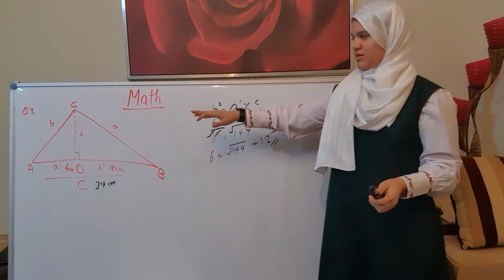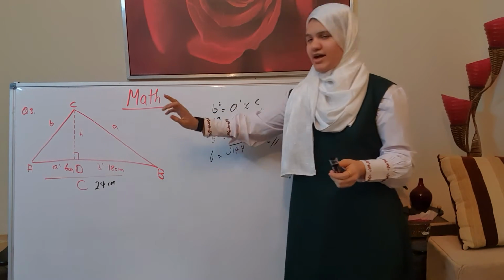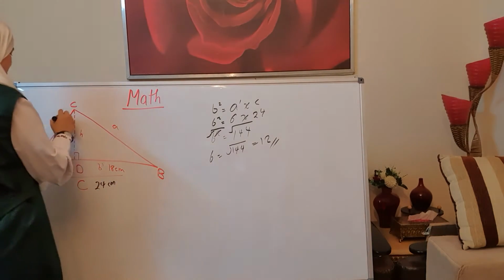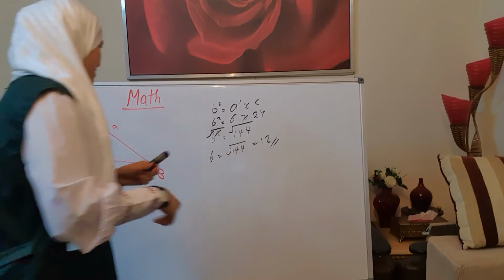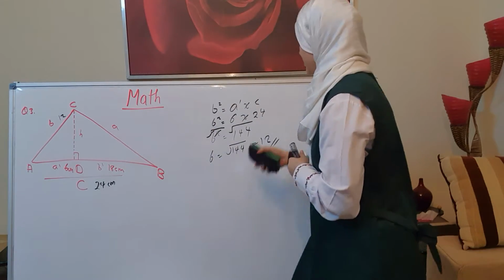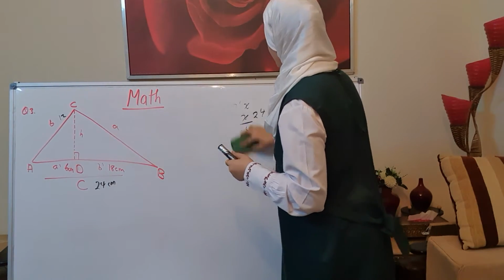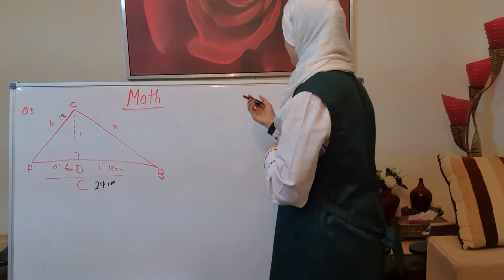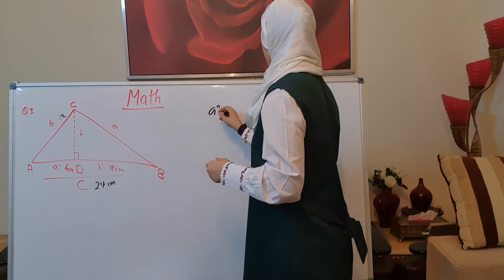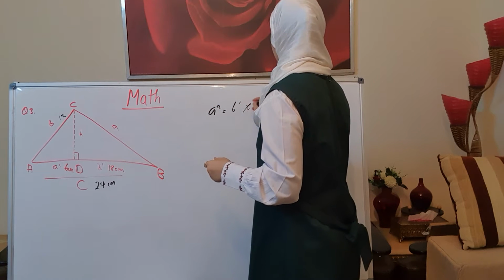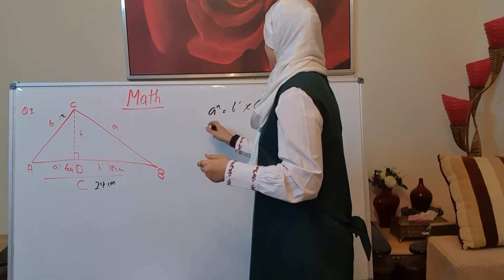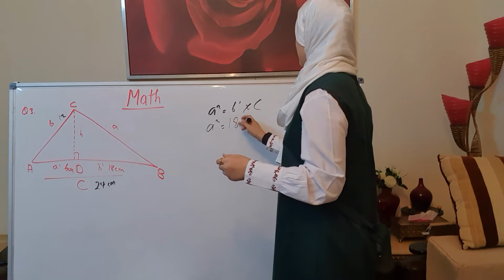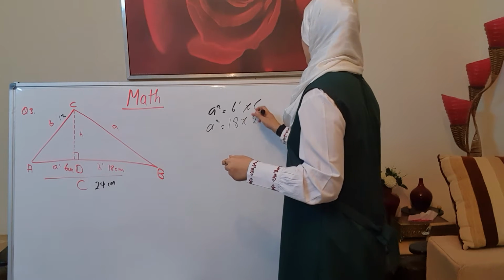So that means B is equal to 12. Now we found B. Let us find A and the height. We have now 12 in place of B. And now A squared is equal to B1 times C. That means 18 times 24. A squared is equal to 18 times 24.